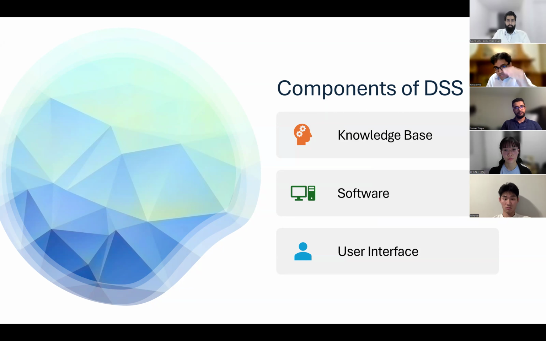For that, you need the next component, which is the software. This is a very important component. I'll give you an easy example of Excel. You have a lot of data input in Excel, and now you want to get some decisions. It's obvious that you will enter some formulas in order to get to that point of decision making.